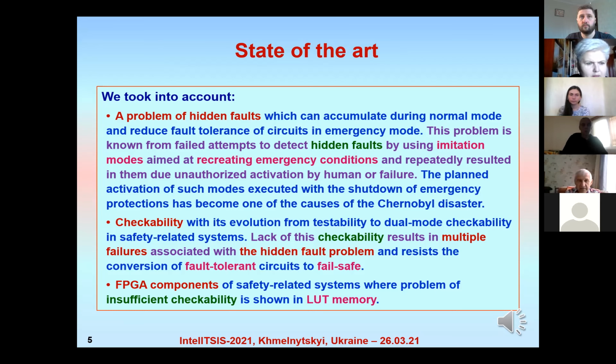The planned activation of such modes, executed with the shutdown of emergency protections, became one of the causes of the Chernobyl disaster. Checkability has evolved from testability to dual mode checkability in safety-related systems. A lack of this checkability results in multiple failures associated with the hidden fault problem and resists the conversion of fault-tolerant circuits to fail-safe.